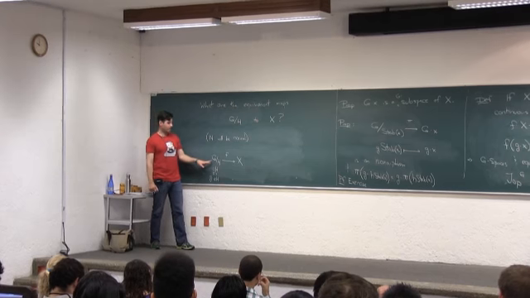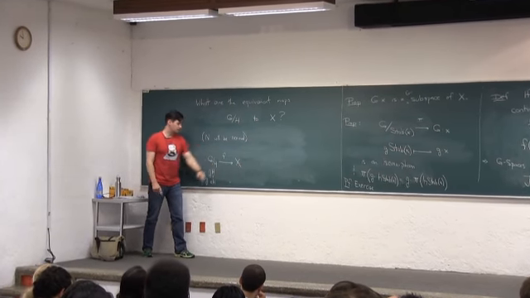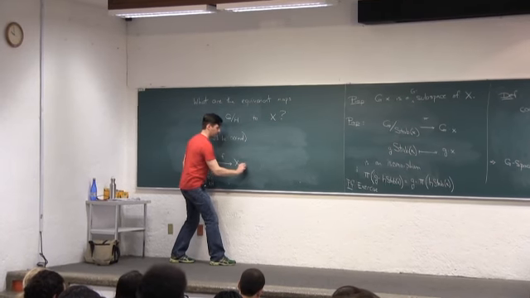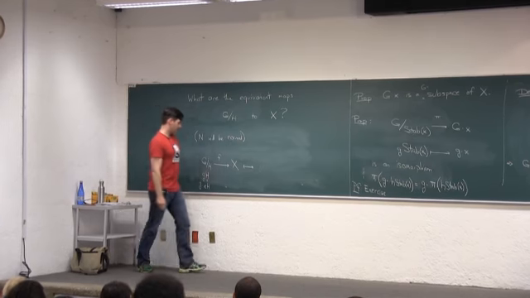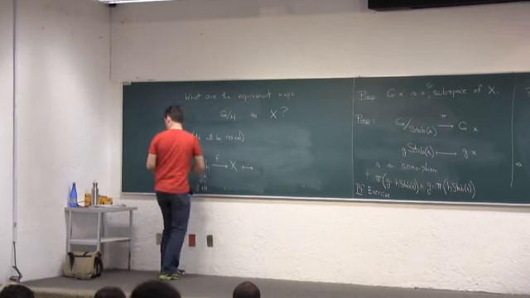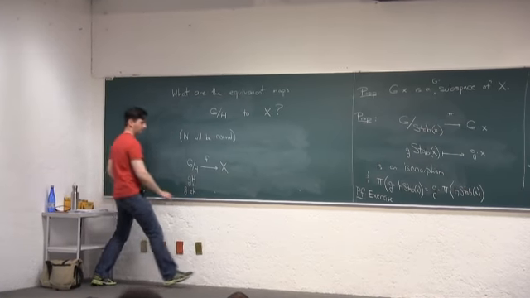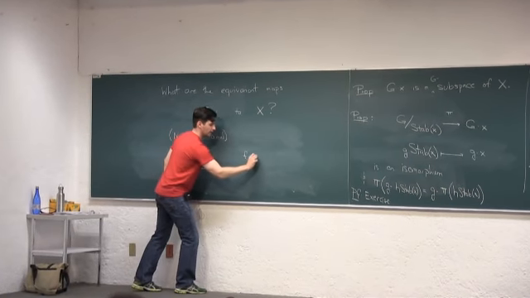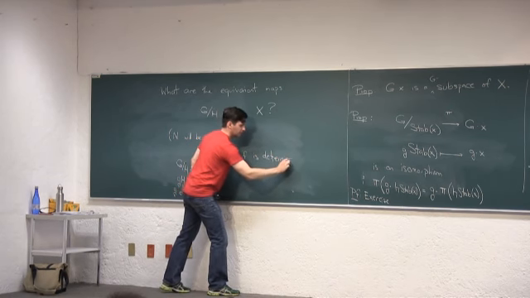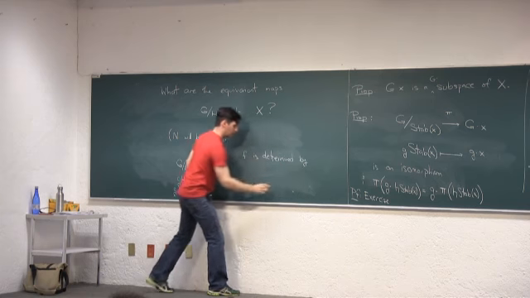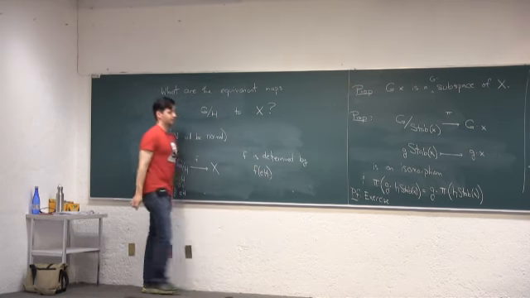So if you give me an equivariant map from G mod H into X, this is the same data as, let me write this in this way, F is determined by F of the identity coset.